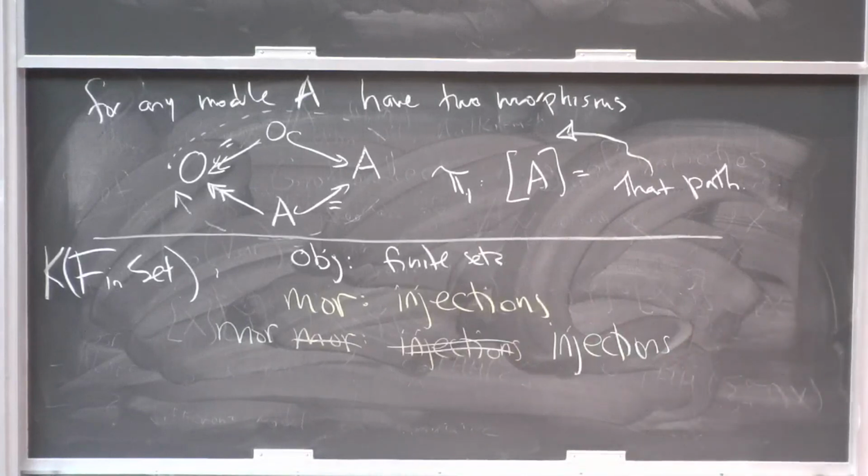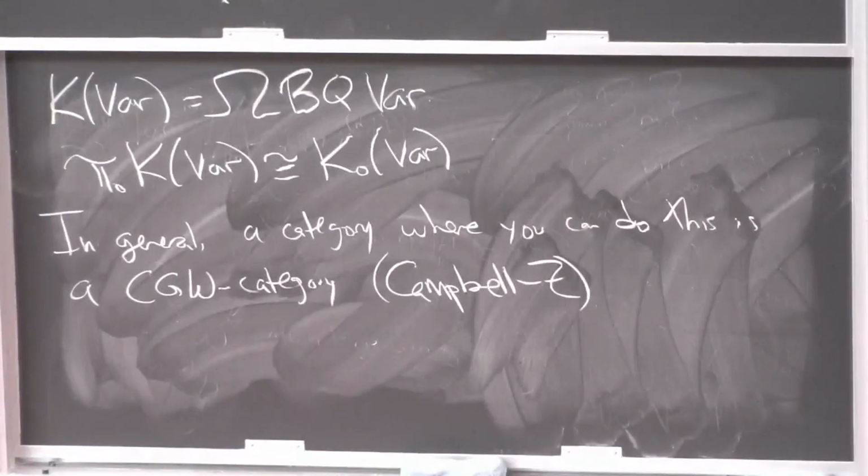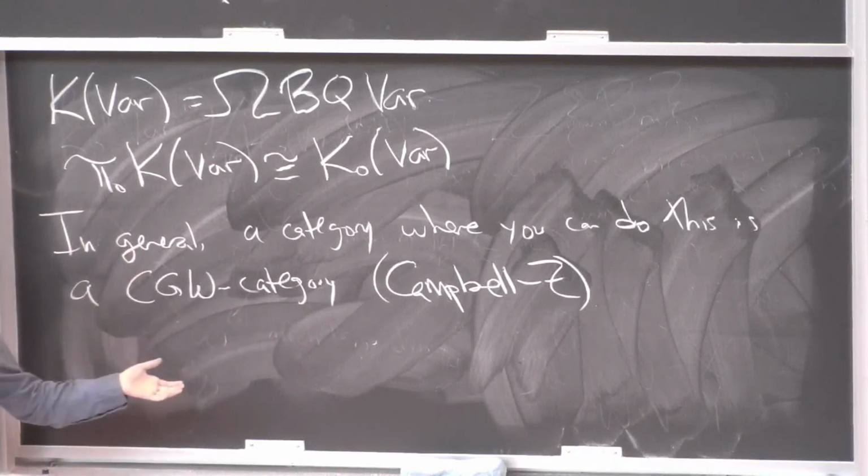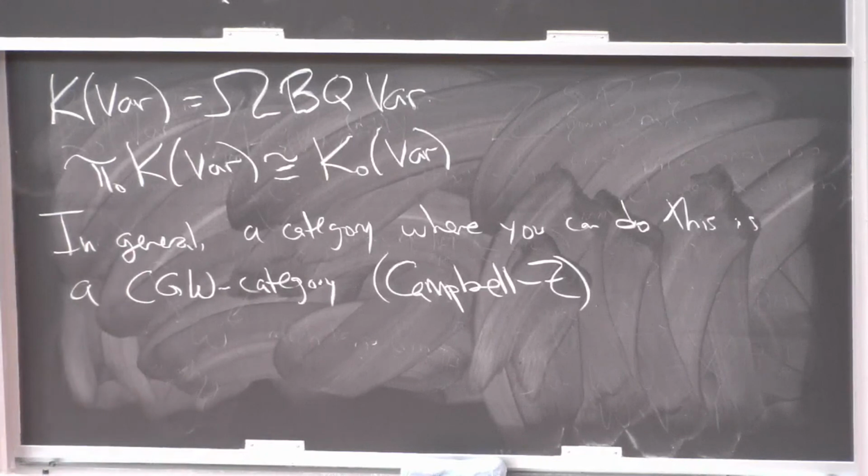But once you start writing things down like this, there's magic that happens, because both of Quillen's theorems work in CGW categories. I'm slightly lying, because Quillen's only work for abelian categories. CGW categories are a generalization of exact categories, so it makes sense that you need a few more assumptions analogous to abelian categories in order to make the theorems work. But you can make them work.